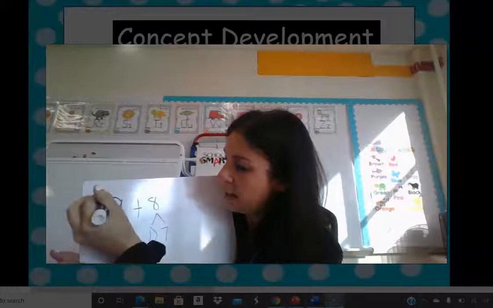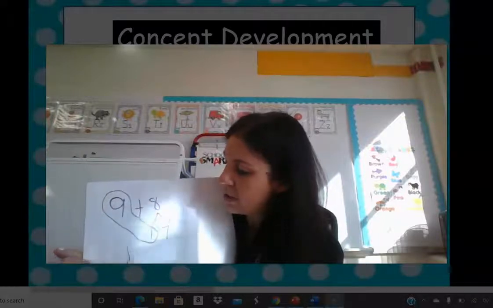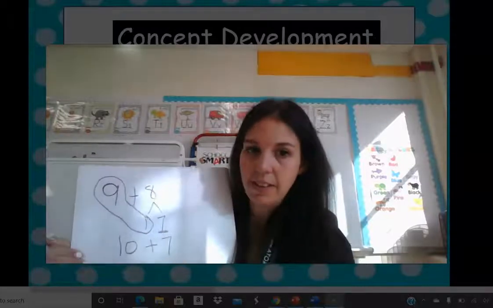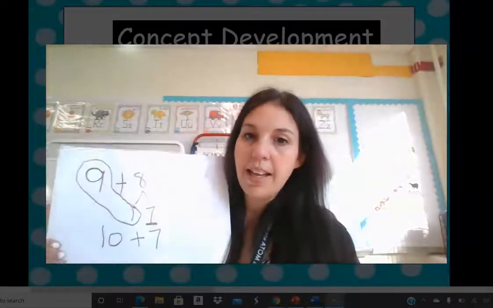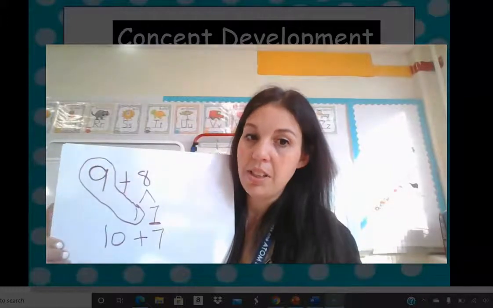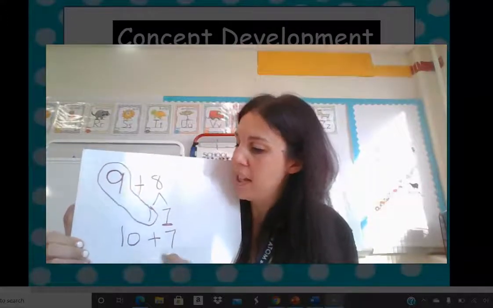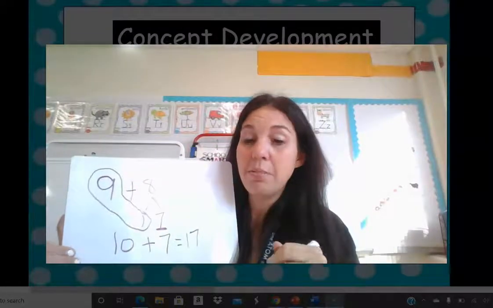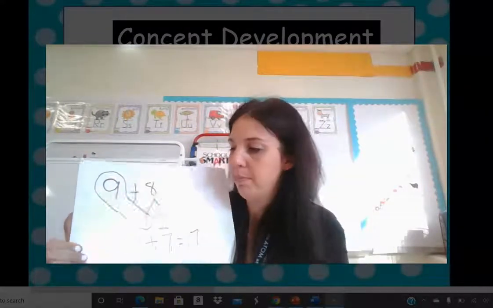And this 1 plus 9 equals 10 plus 7. Okay? So that is what Lila decided to do. This is how she solved her problem. And she got 10 plus 7 equals 17, because our 10 plus facts are so quick.